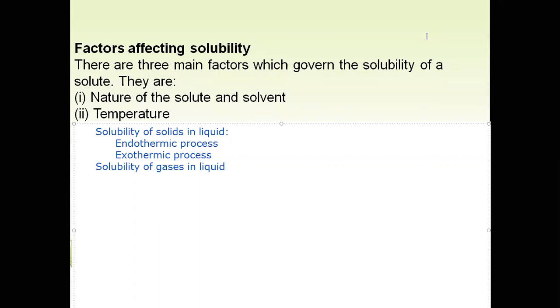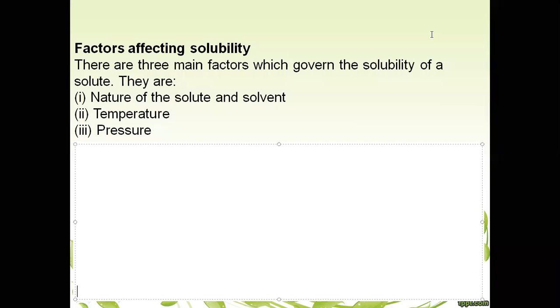The next one is pressure. The effect of pressure is observed only in the solubility of a gas in a liquid.